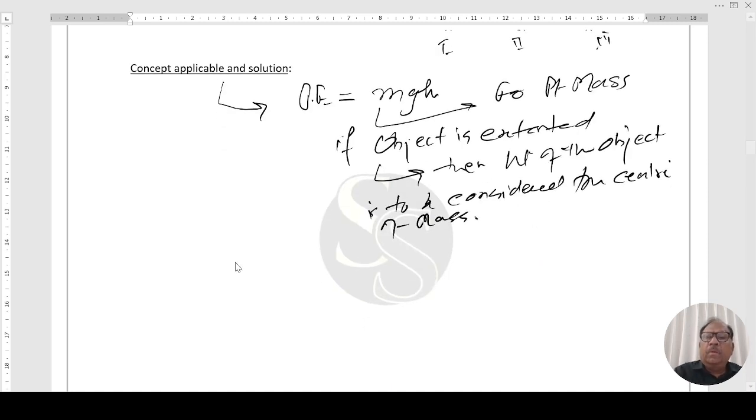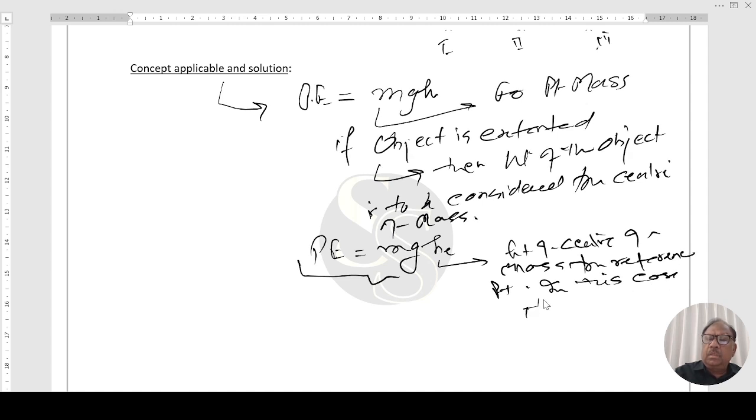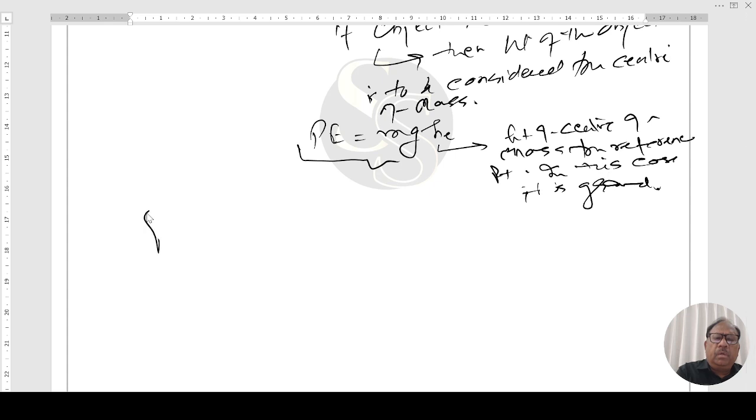Then potential energy is mg hc, where hc is the height of the center of mass from the reference point. In this case, it is the ground, right?